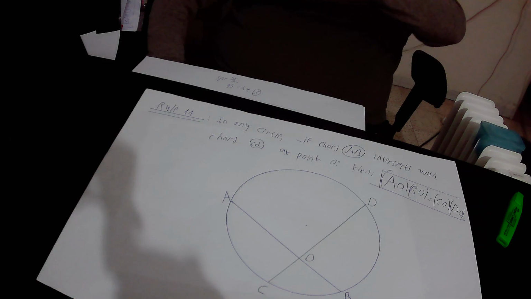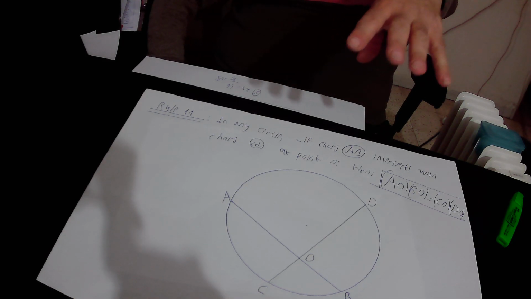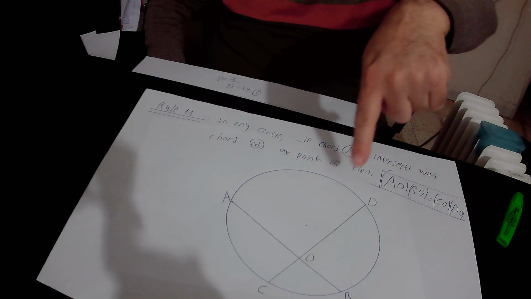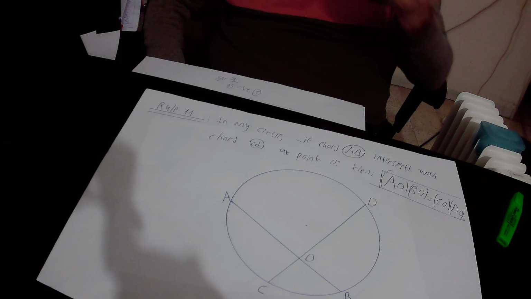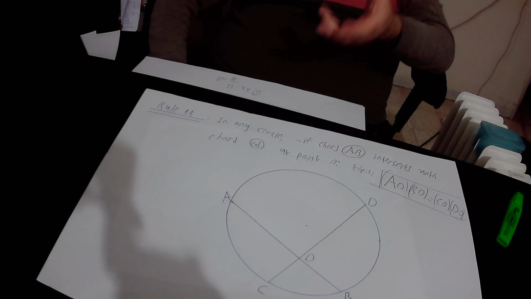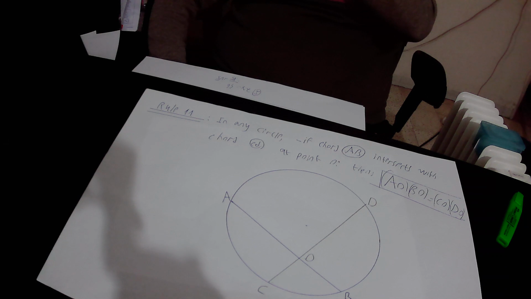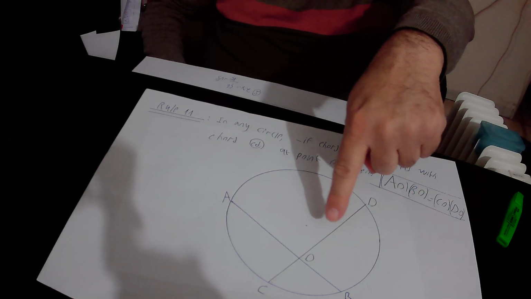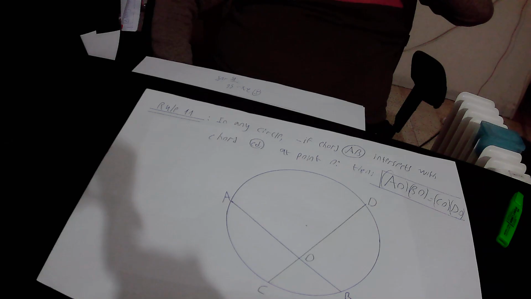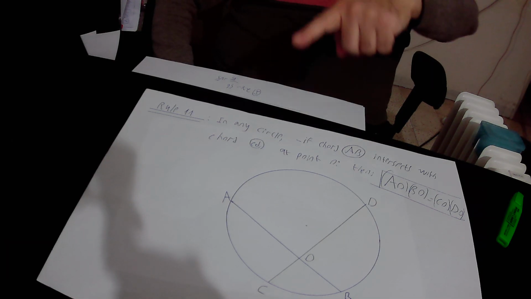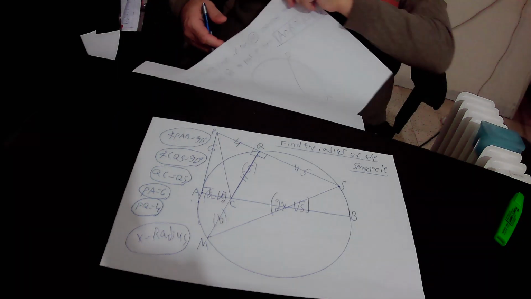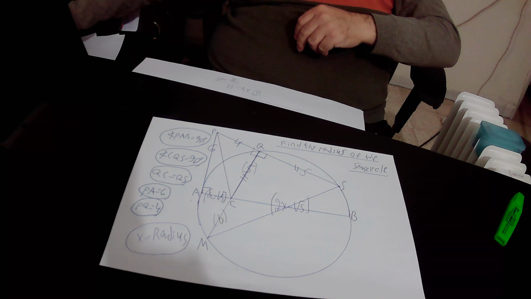Again, we have in the drawing two chords that intersect with each other, that is to say, chord AB intersects with chord DC at point O. So whenever we have inside the circle two chords that intersect with each other, then AO times OB equals DO times OC. So we can actually implement rule number 11 in our drawing.